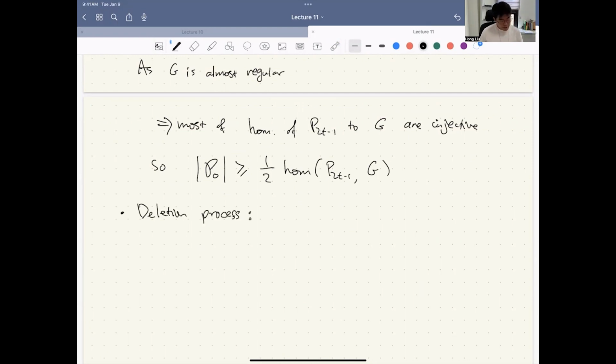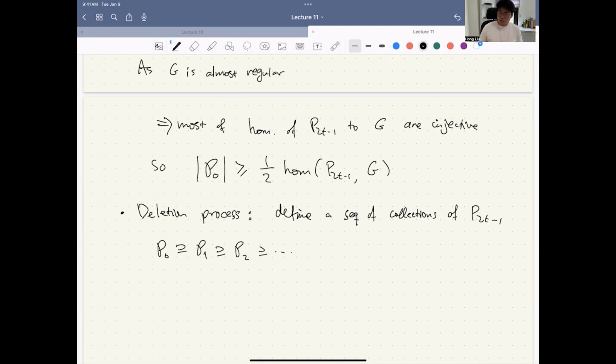Officially, we will define a sequence of collections of P_{2t-1}, starting with our initial collection, and then each next collection getting smaller and smaller.